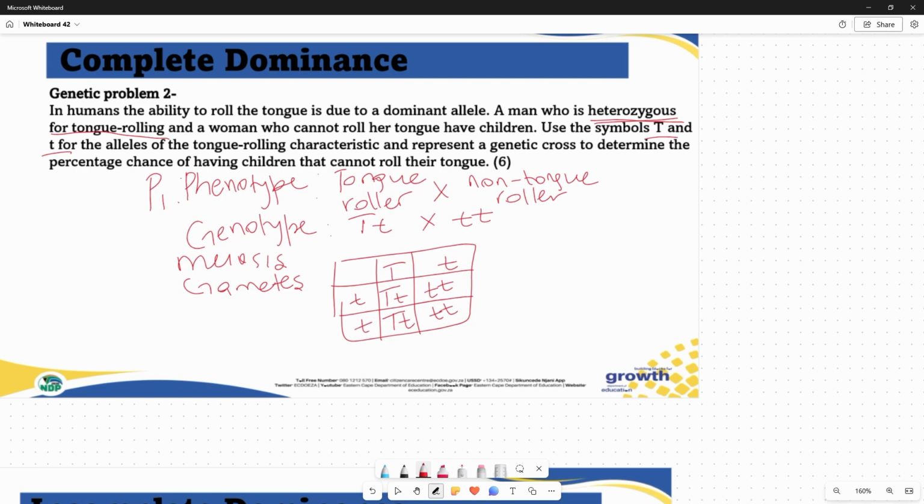Remember, when you reach this step, you can either do this Punnett diagram or you can do the cross as we did before. So you can write the alleles of the man and then the alleles of the woman. And remember, the first one gives us the same as this one. Okay, and then the second one, remember now, both alleles of the male have to cross with both alleles of the female to give us the possible genotypes of the children.